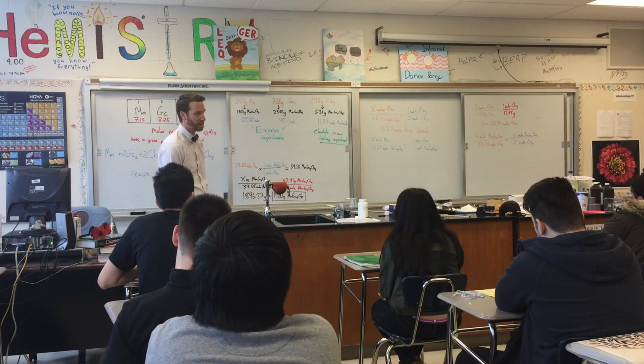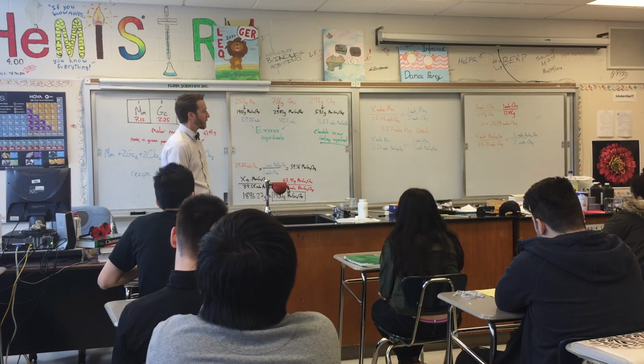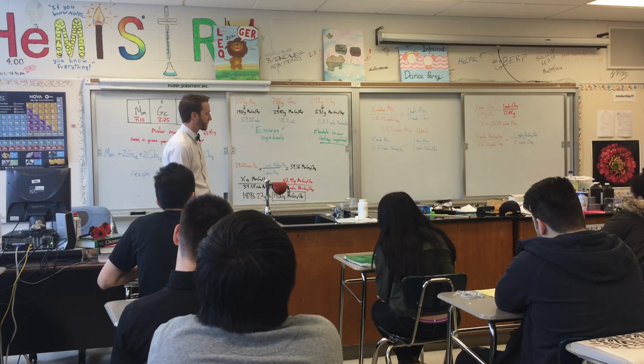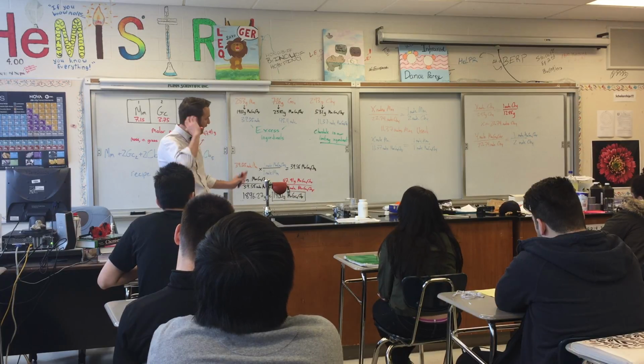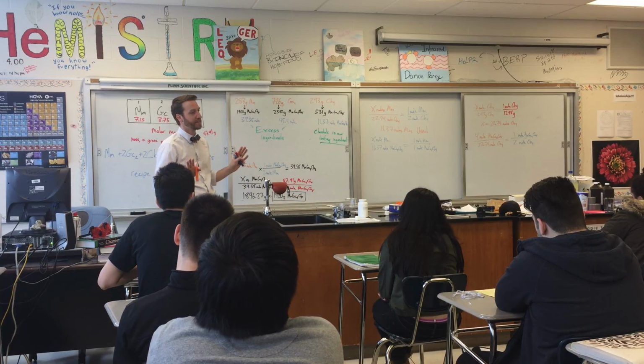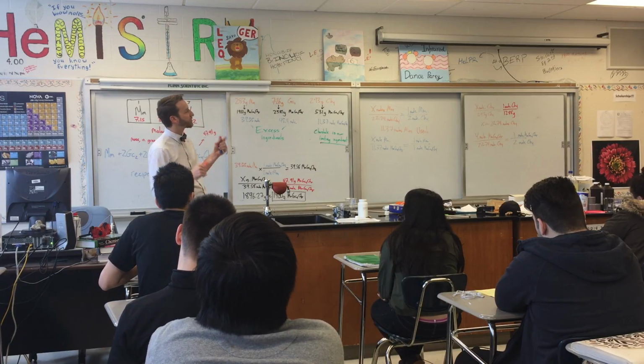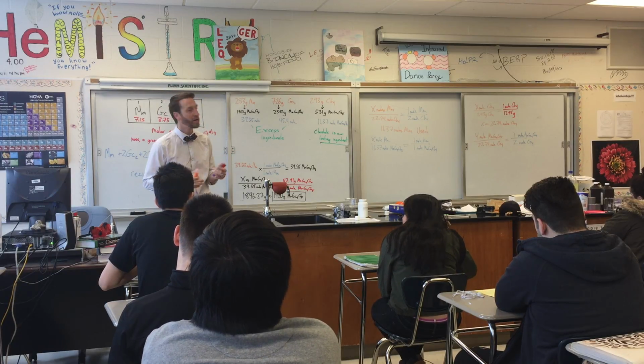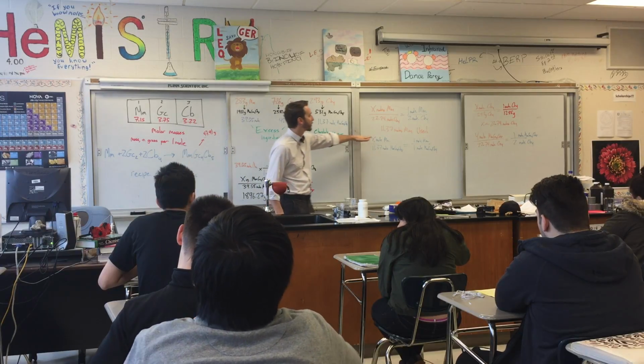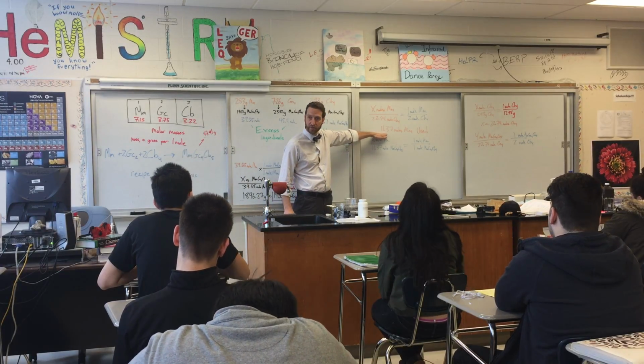So the next question says moles of chocolate bars, and we would typically use the bag of marshmallows. So hold on. Let's just think about what we're doing. We're trying to say how much leftover marshmallows we will have. What we just calculated is how many moles of marshmallows we're actually going to use.